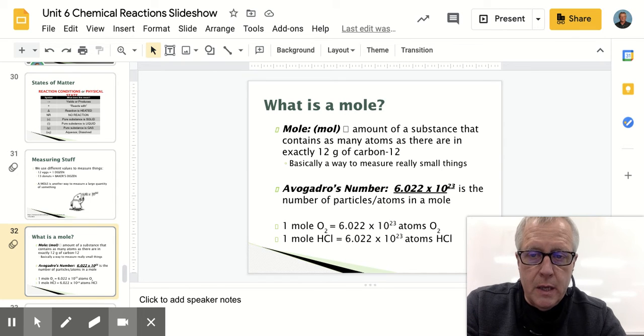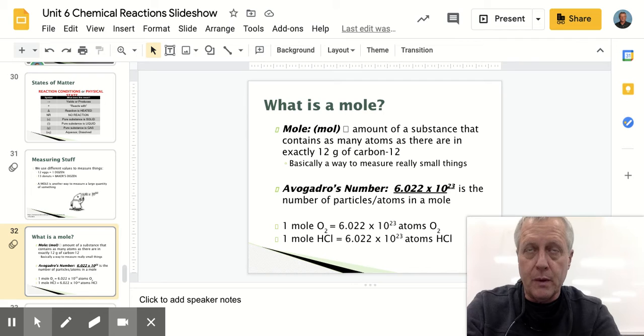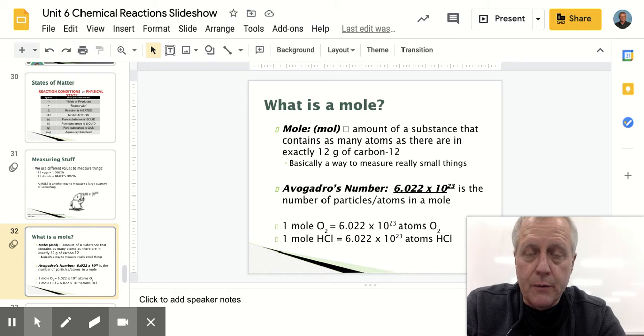What they found out is that if they had 12 grams of carbon, they counted out that it equates to exactly what's known as Avogadro's number, 6.022 times 10 to the 23. That's a huge amount of items.